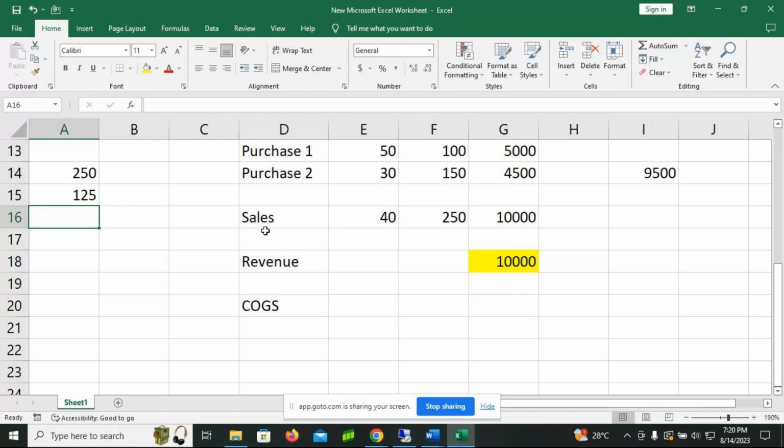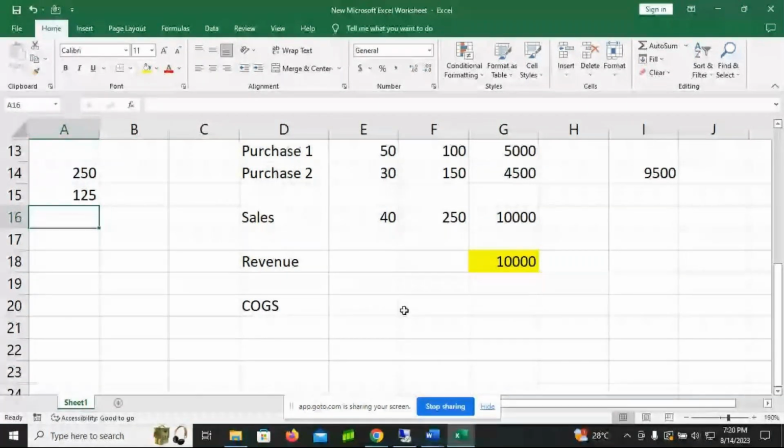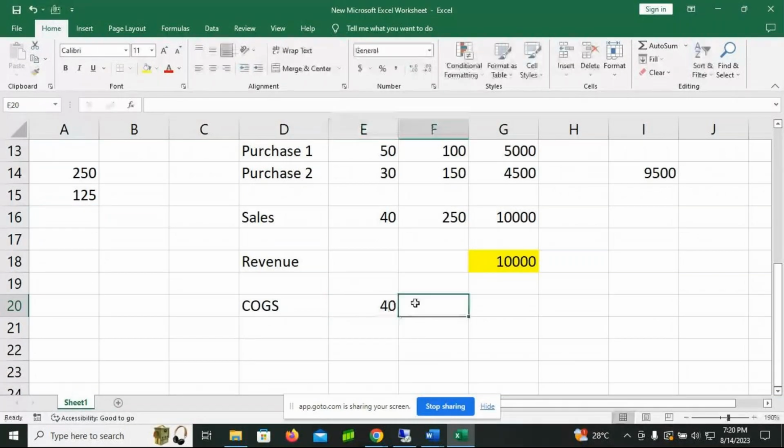I'm making the sales of 40 books. So now what is the cost that I'm going to consider to calculate my COGS? It is 100 plus 150, I'm going to get 250. I'm going to divide 250 by 2, so I'm getting the average of 125. So here I'll consider 125.